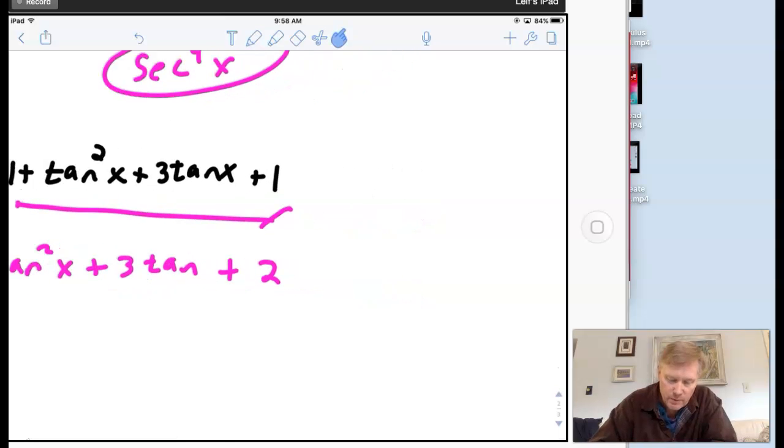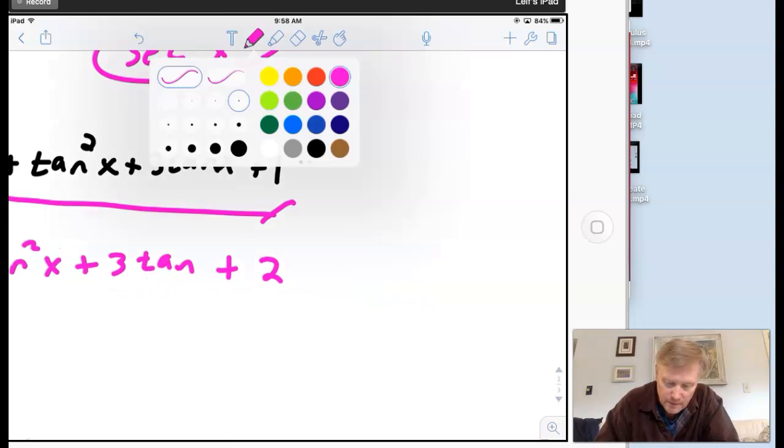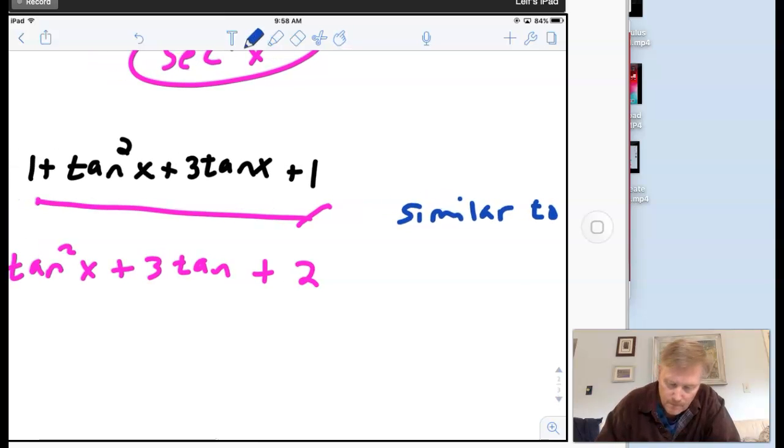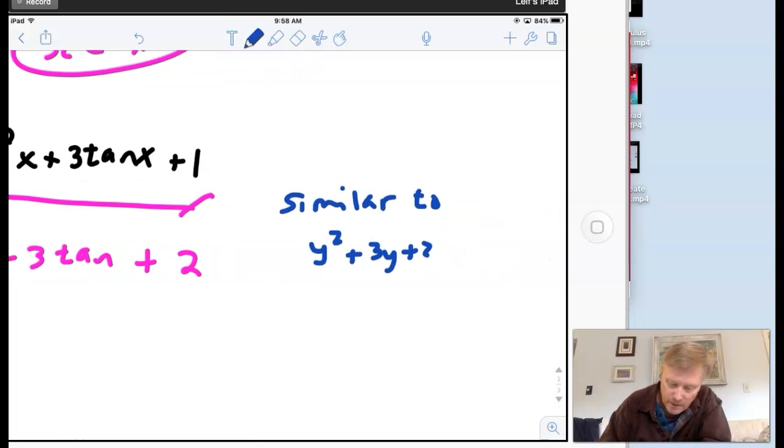Okay, this one's similar to this on the side. That would be y squared plus 3y plus 2, right? If I factored this, I would get y plus 2 times y plus 1.